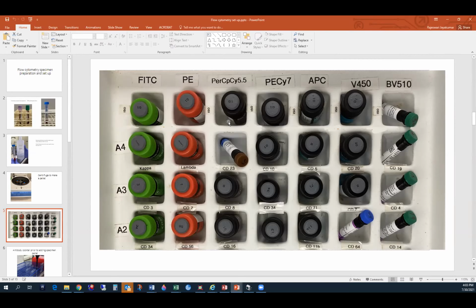Those are your antibodies, but that is not enough for fluorescence, so each is tagged with a fluorochrome. The things labeled here on the top, like FITC, PE, and PerCP, are all fluorochromes. The property of a fluorochrome is to be excited by a laser light of a particular wavelength, and when it returns to its normal state, it emits fluorescence.